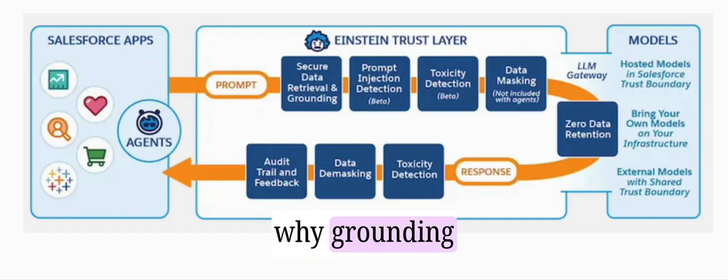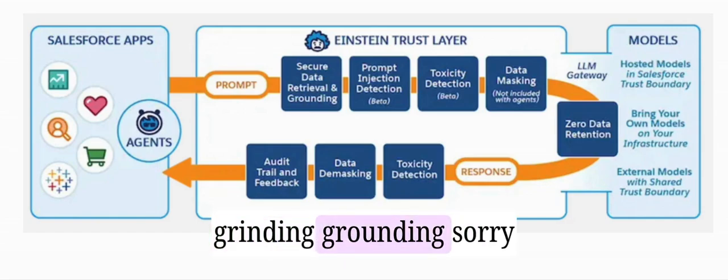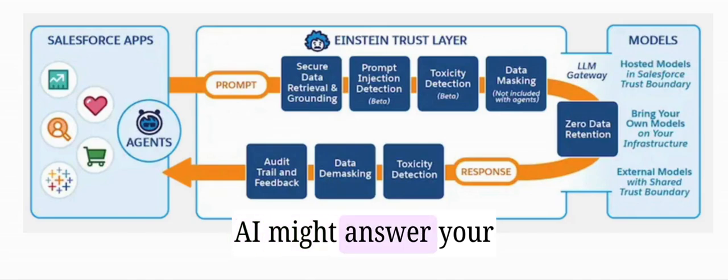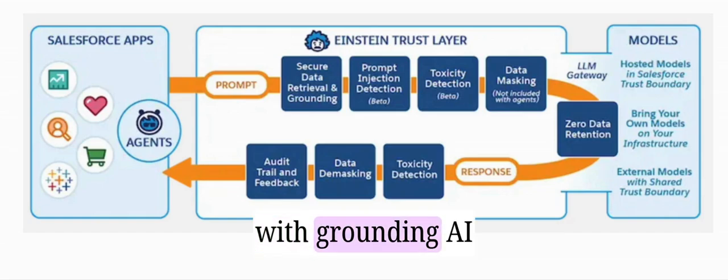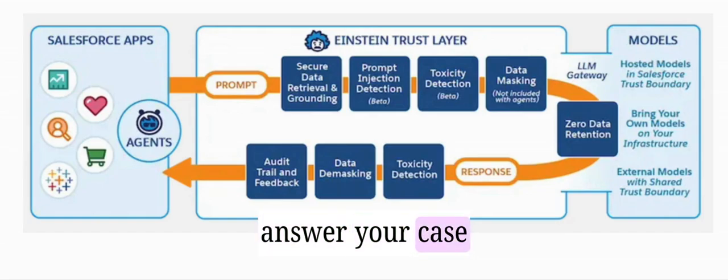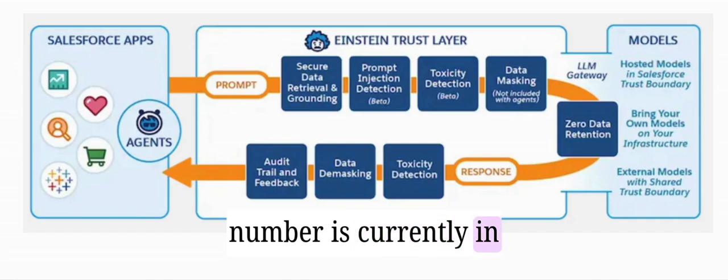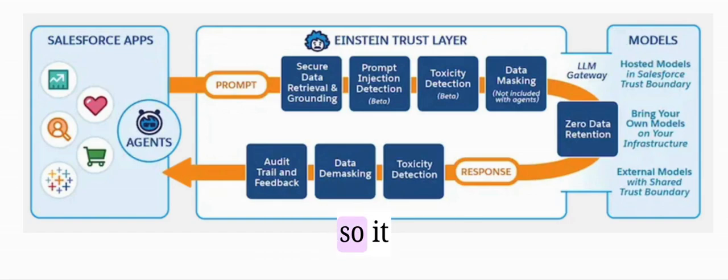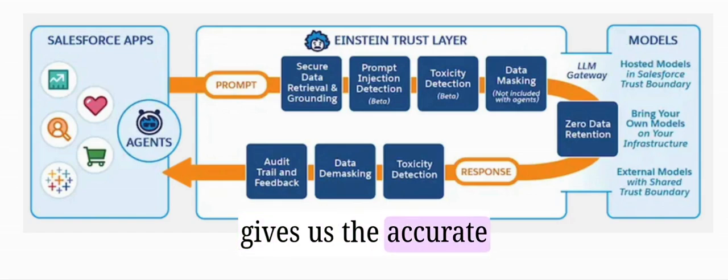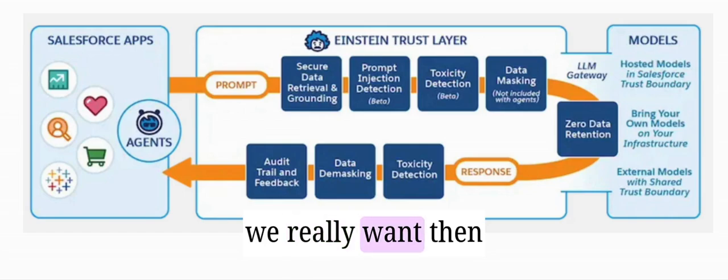Now, why does grounding matter? Without grounding, AI might answer, your case is probably still open. Wrong. With grounding, AI answers, your case number is currently in working status, which is accurate. So it gives us the accurate answer which we really want.